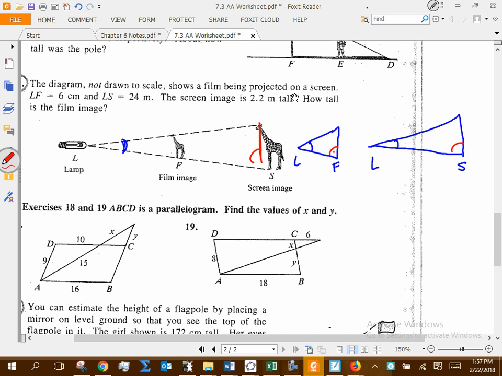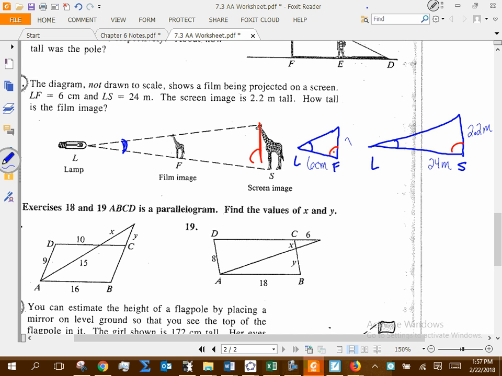So when we look at this and start to fill in information, we do know that these two triangles are similar. This is 6 centimeters, the distance from the light to the film. This is 24, right over here, 24 meters. They tell us that the height of the giraffe on the wall or on the screen is 2.2 meters.